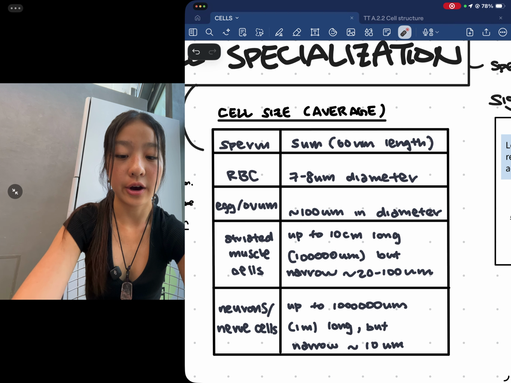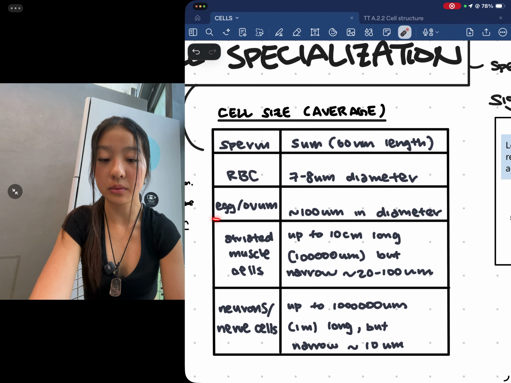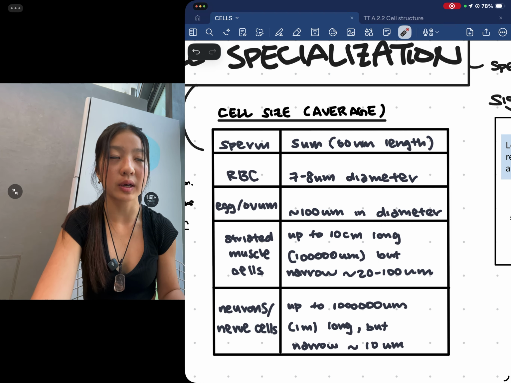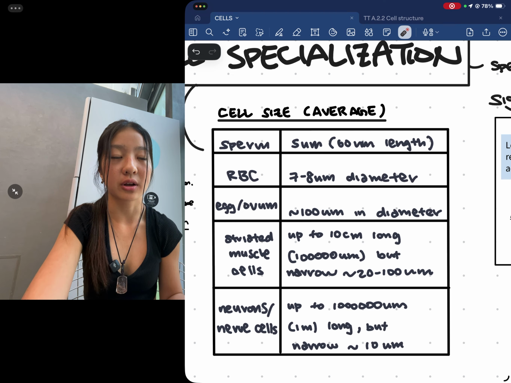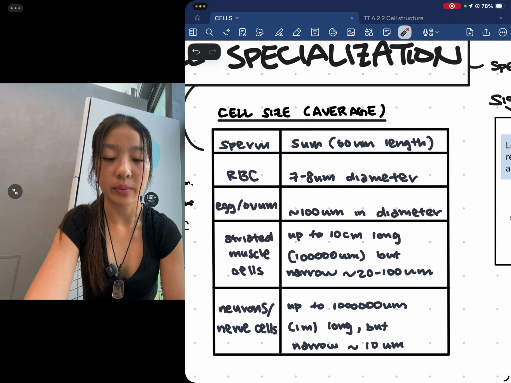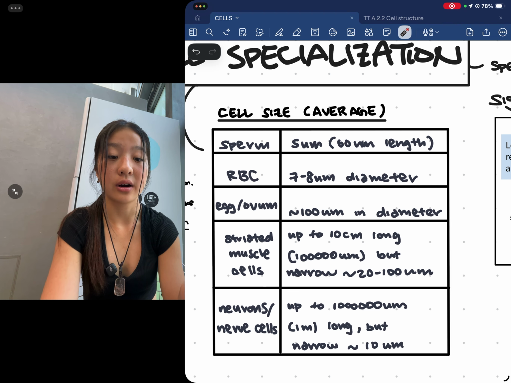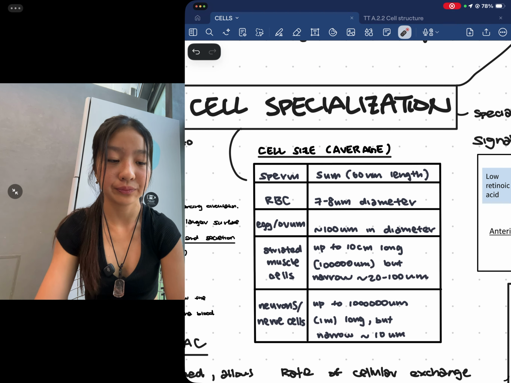And then the egg, which is part of the female reproductive system, is around 100 nanometers in diameter, which is quite big compared to the other reproductive cells. And then we have the red blood cell with the 7 to 8 micrometer diameter. And then sperm cells are around 5 micrometers.